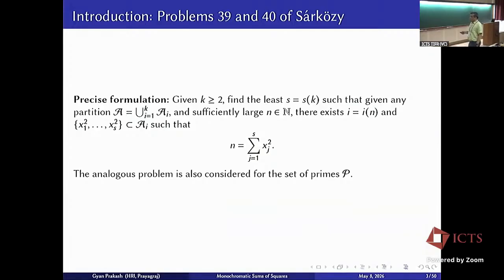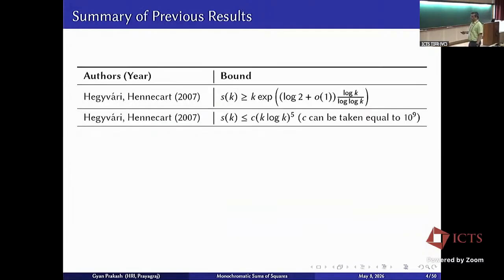The analogous problem is also considered for the set of primes. So now what are the previous results? Hegyvári and François Hennecart obtained the lower bound for this problem, which turns out to be very close to the optimal possible, as we will see.